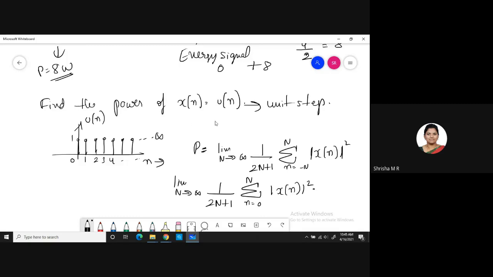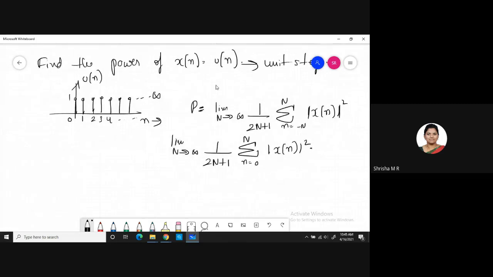So what is x of n? The amplitude of x of n is 1, right? From 0 to n. So I have limit n tends to infinity 1 by 2n plus 1 into summation n is equal to 0 to n, 1 square. So what do you get? How can you summarize that?